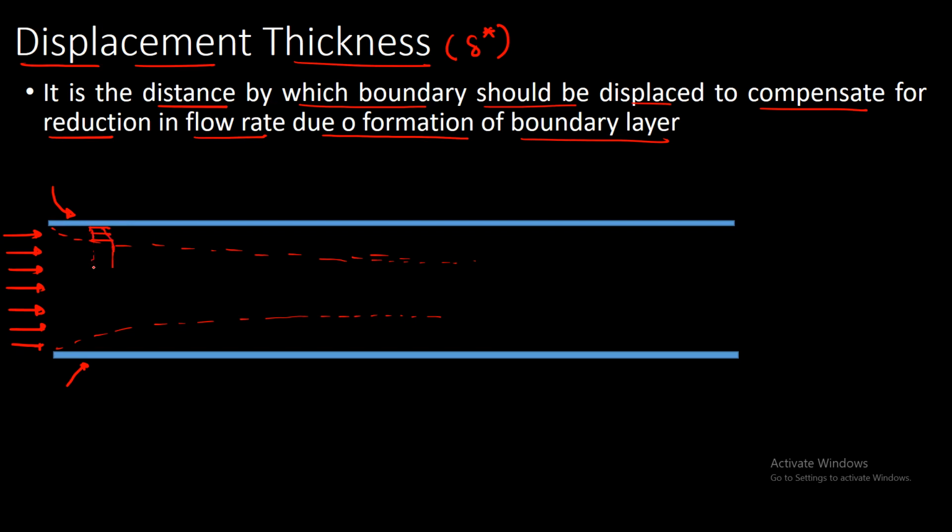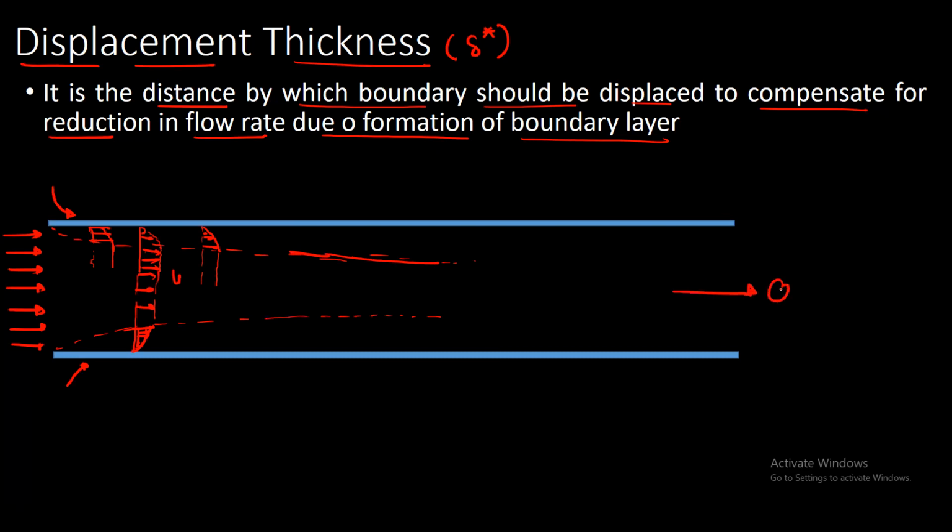This is how the velocity varies. Between this region, the velocity is uniform. And for this region, there is a gradual variation of velocity.